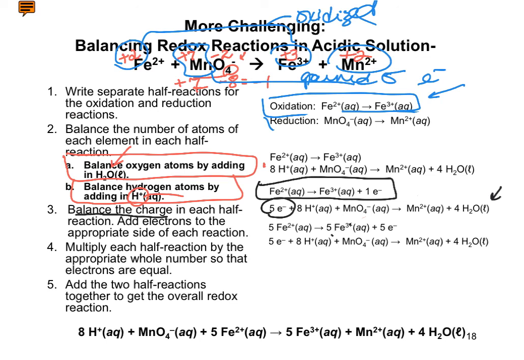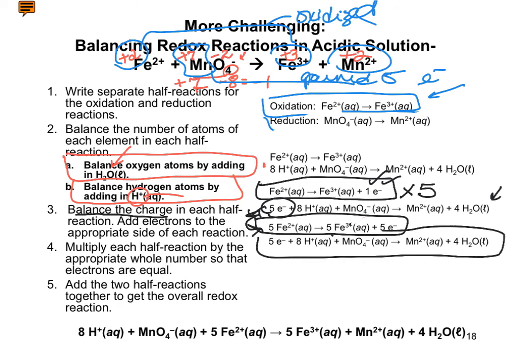But the next rule says that the number of electrons that you've added to each half reaction must be equal before you add them together, which means since I only have one electron in the iron half reaction, I have to multiply everything in that half reaction by 5 so that the number of electrons will end up being 5. So here we go. That's everything multiplied by 5, and now I can add the two half reactions together.